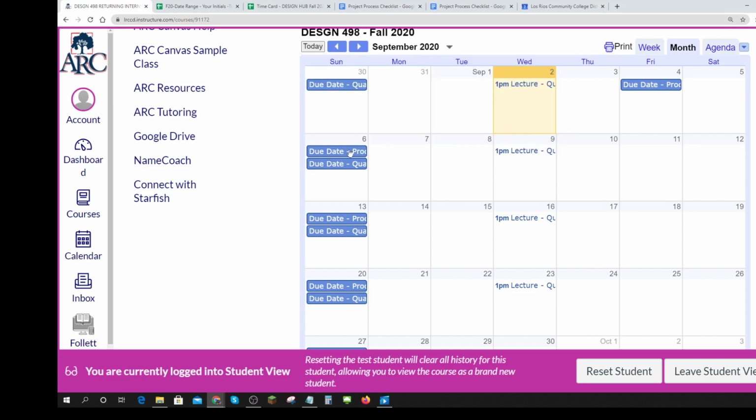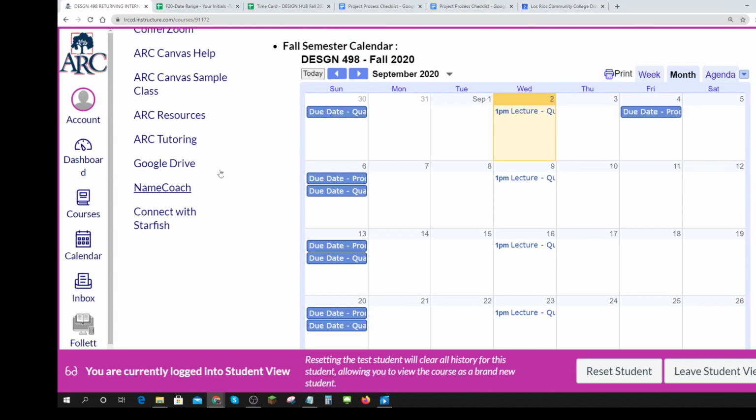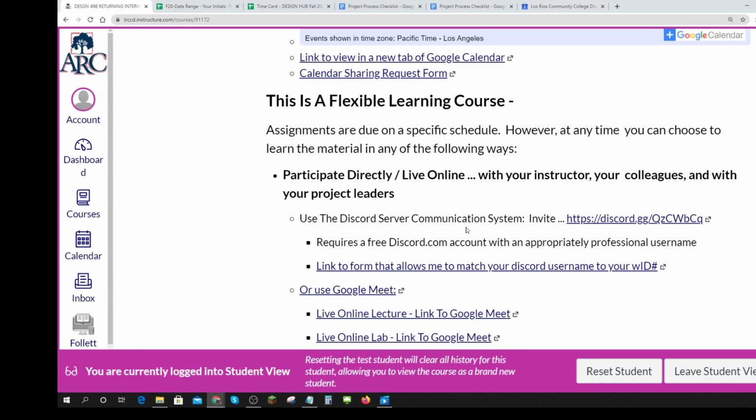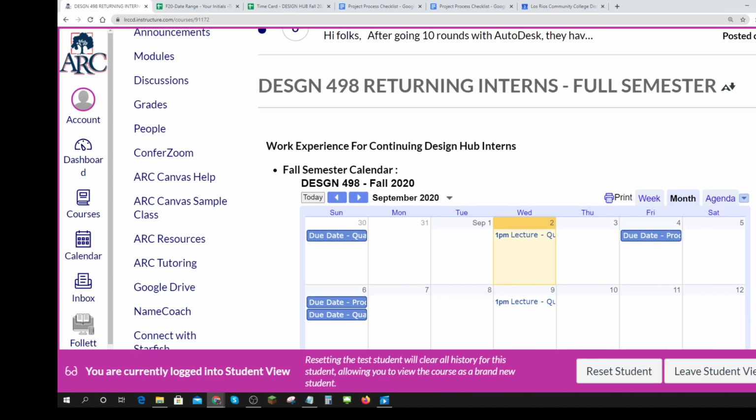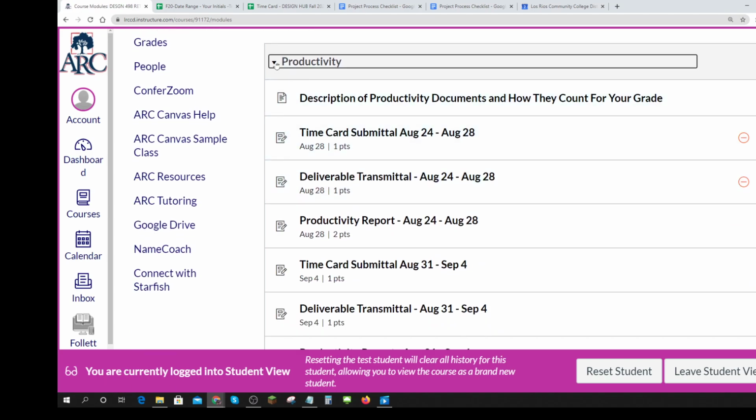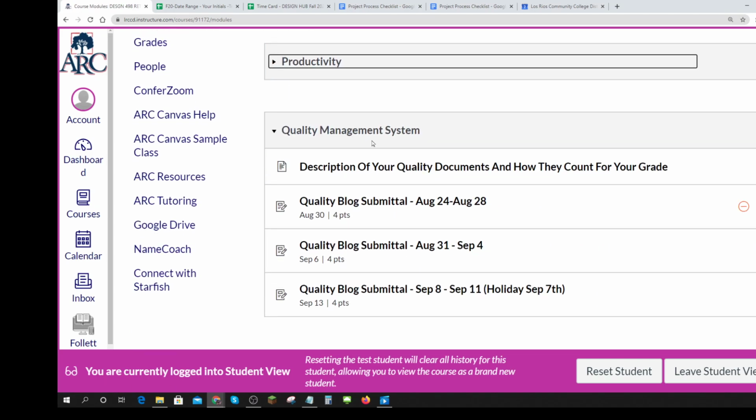I don't know why that's due there. These should all be due on the Friday. Okay, so let's go back and look at that. Modules, quality, on the 6th.